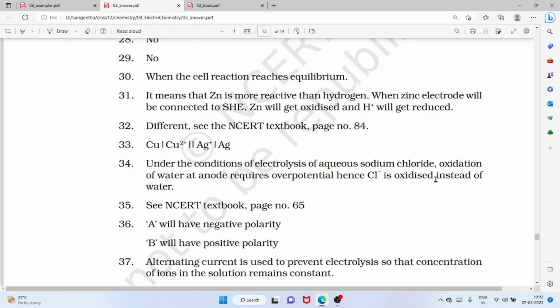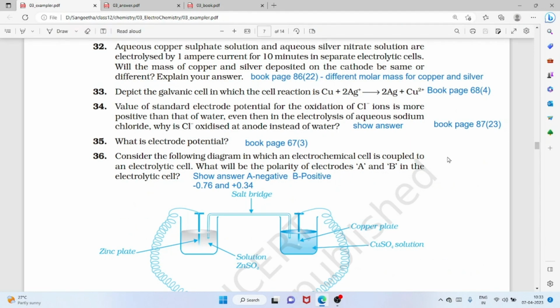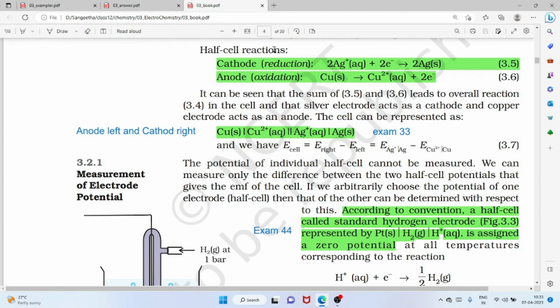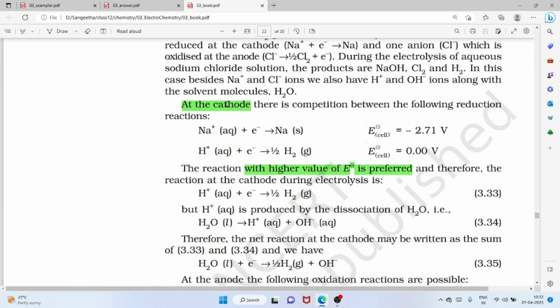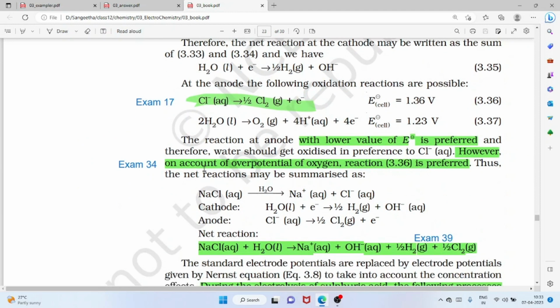Hence, Cl is oxidized instead of water. You can go through it and see why Cl is oxidized at the anode, on account of the overpotential of oxygen. So water is not oxidized, only Cl is oxidized, and because of this, chlorine is prepared.